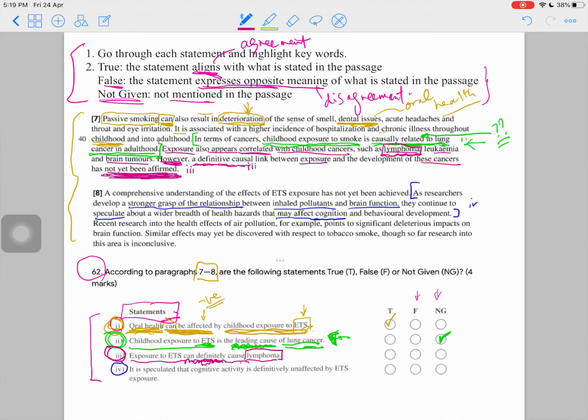So right now at this moment, the link is that it is related, but it's not yet affirmed. So right at this moment, the researchers are saying that, you know, there's a link but not yet affirmed. So you cannot actually say this definitely cause, okay. This is actually false because right now the conclusion is not yet affirmed, okay. So you would say false here.